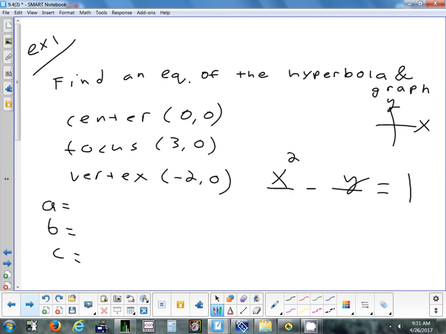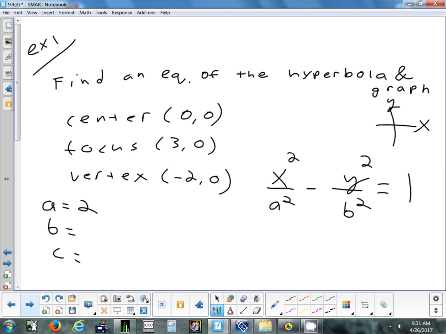Okay. Square. All right, now we need to figure out A and B. A squared is going to go here. B squared is going to go here in every single problem. So, how do I find A? It's the distance from what to what? Center to the vertex.